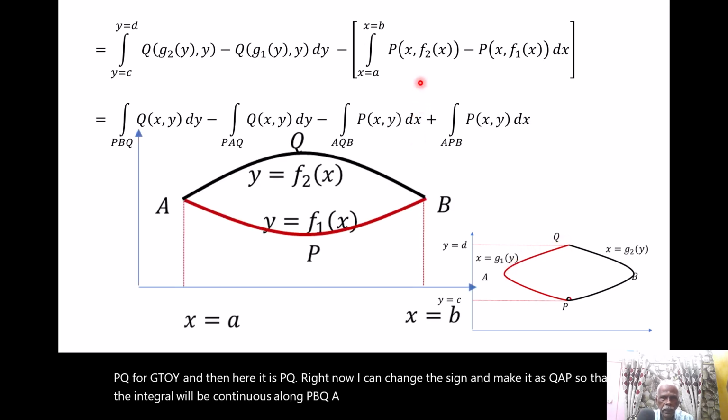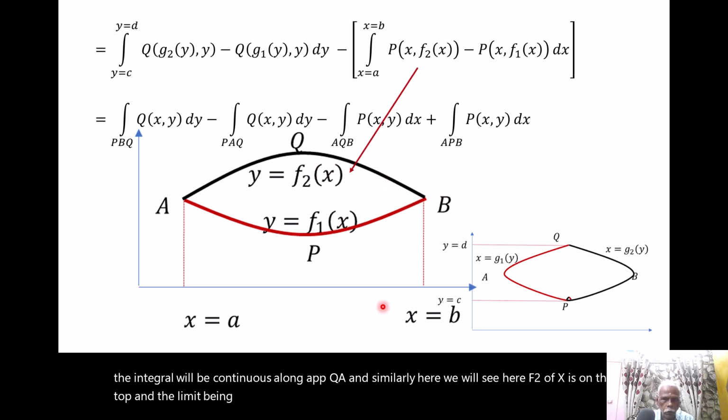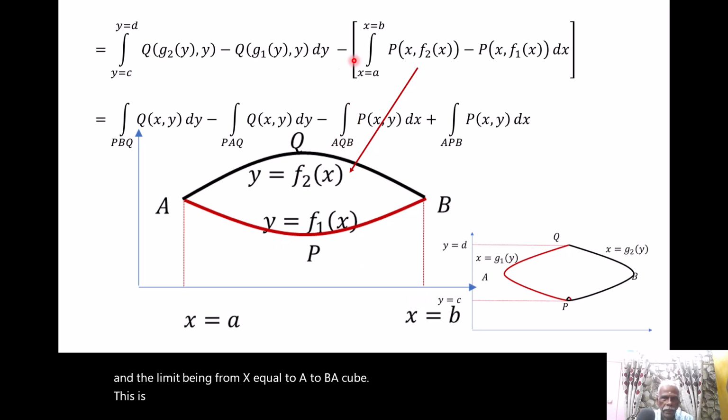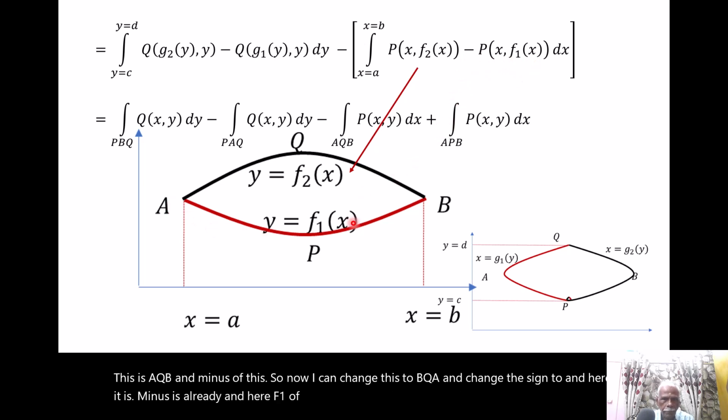And similarly here, f2 of x is on the top and the limit being from x is equal to a to b, AQB. This is AQB, and minus of this. So now I can change this to BQA and change the sign to plus. And here it is minus of minus, which is already plus. And here f1 of x, here APB, because x is equal to a to b, therefore it is going along APB.